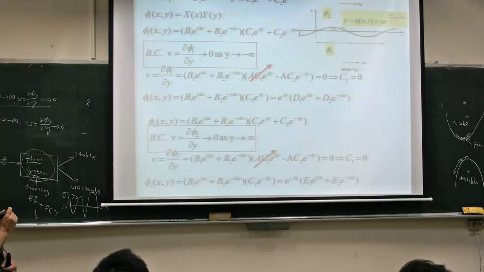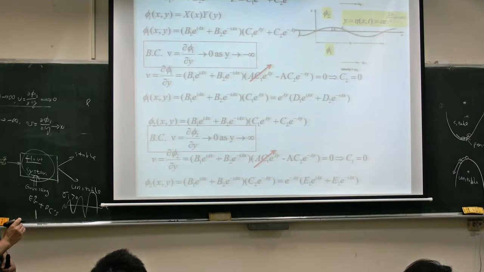For phi 2 here we have this. Phi 2 of x and y is equal to this, and our boundary condition becomes y goes to infinity, partial phi 2 partial y should approach 0. Evaluating partial phi 2 partial y, when y goes to infinity, this term automatically decays, so it disappears.